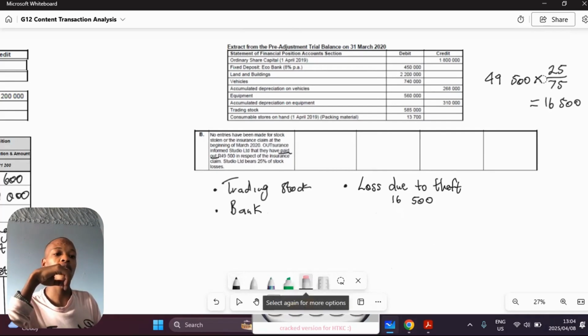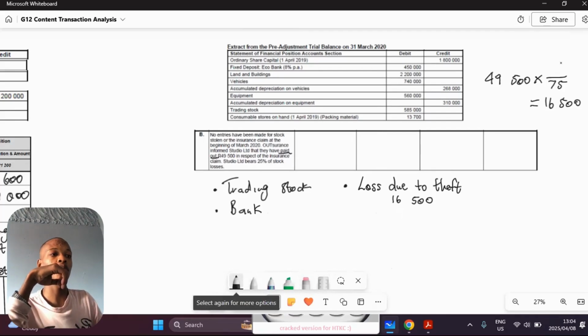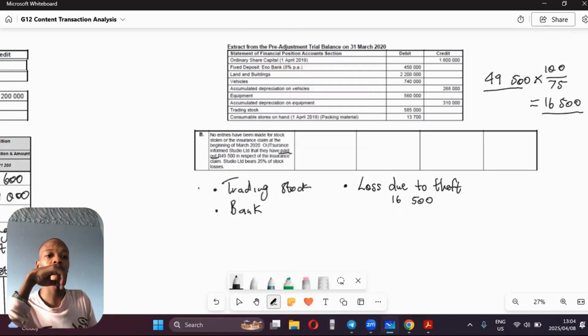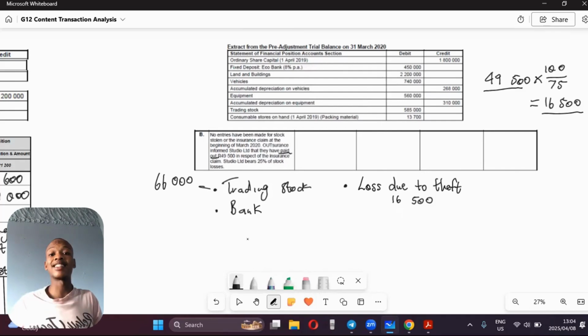You can either go for the percentage 100, or you can just add these two. So let's go for it. 16,500 plus 49,500. In total, it's 66,000. So the total stock that was stolen is worth 66,000. I hope you get that. Now let's go and record.